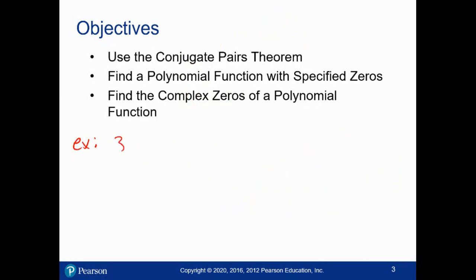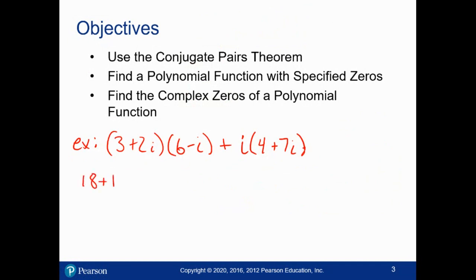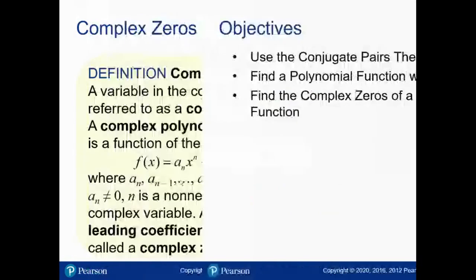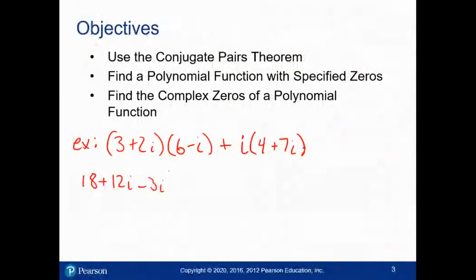So for example, we can compute (3 plus 2i) times (6 minus i) plus i times (4 plus 7i). This is just a bunch of arithmetic now. If I distribute out this first product, I'm going to get 18 plus 12i minus 3i minus 2i squared.